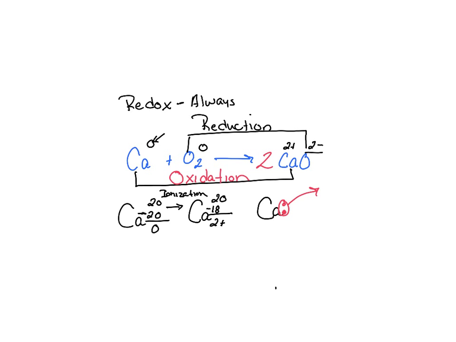So write that down: always happen together. You cannot have something oxidized without having something there to reduce. You cannot have something there to reduce without having something there to oxidize. Go ahead and pause the video. Finish writing this down, and then I'm going to clean this up, and we're going to go ahead and start working with balancing the redox equation.